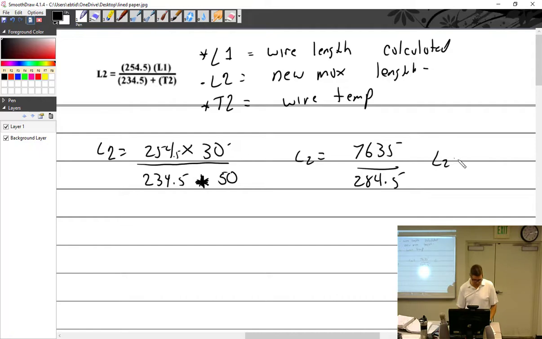So L2 would equal 26.84. So 26.84 feet. Therefore, the maximum length of number 8 wire that we could use for 50 amps at 50 degrees Celsius would be 26.84 feet.